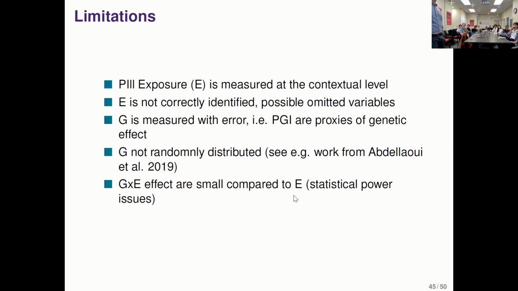But even if it's contextual, it's not necessarily correctly identified because of possible omitted variables. We interpret it as a measure of social norms, because it has to do not only with taking the pill, but with the role of premarital sex in society, gender roles, and so many things going on.